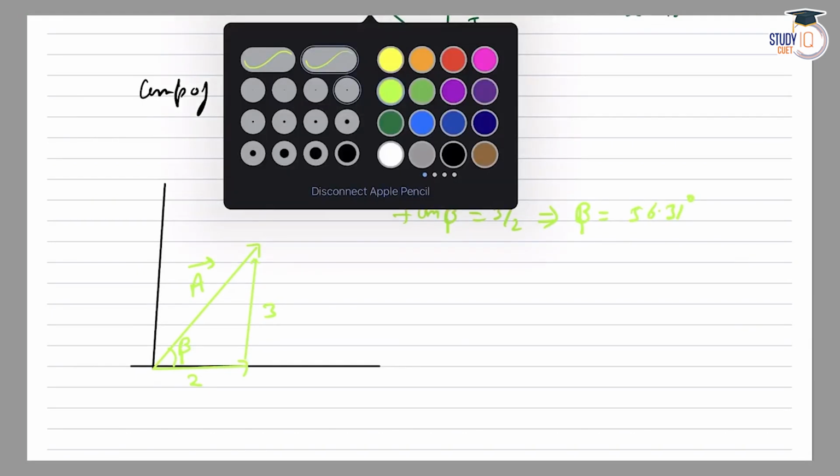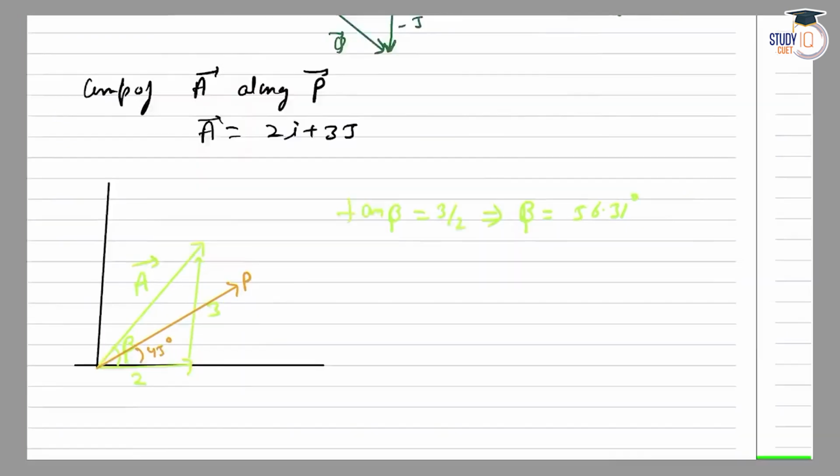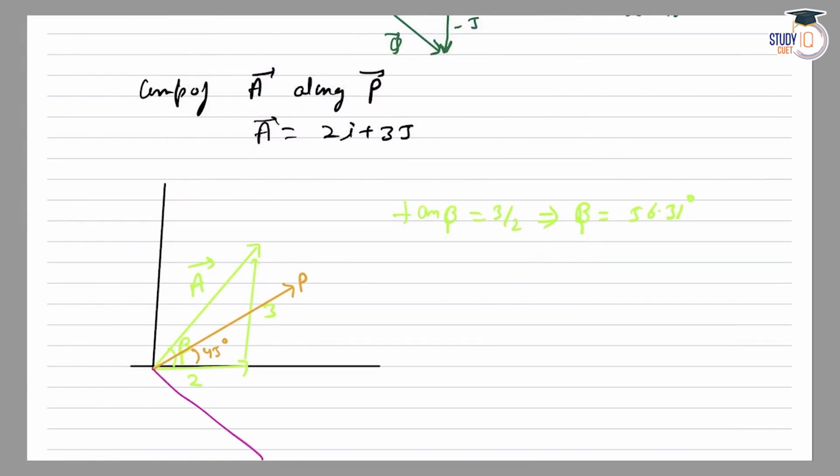We have already found the direction of p and q. So p makes an angle of 45 degrees with the x-axis, and q also makes an angle of 45 degrees with the x-axis in the downward direction.